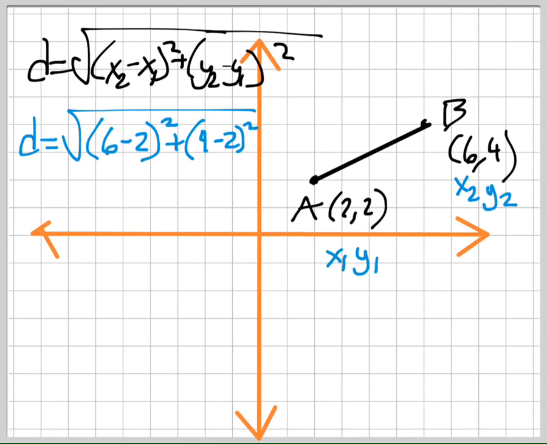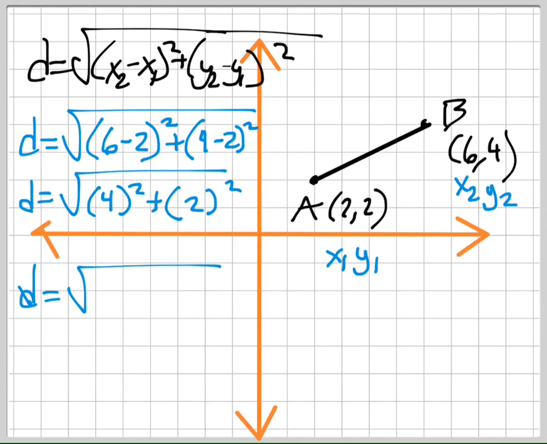And then I'm just going to start simplifying. I'll do the parentheses first. 6 minus 2, 4 squared, plus 4 minus 2, 2 squared. I can go ahead and square both of those things separately. D equals 4 times 4 is 16. 2 times 2 is 4. Okay. D equals, add those two things together, square root of 20.